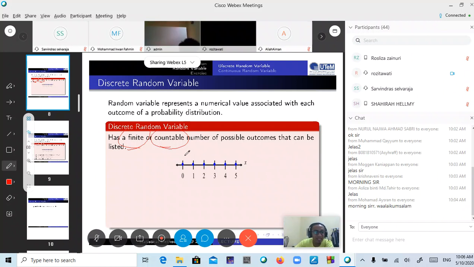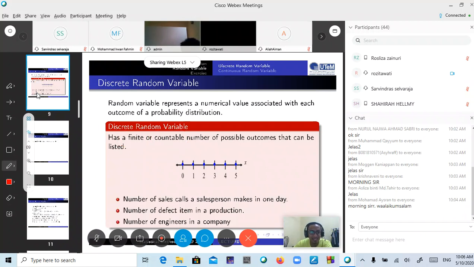What are examples of this random variable? Let's say the number of sales calls by a salesperson. Of course, you can count how many sales calls. Then the number of defective items in a product, which we can also count. And the number of engineers in a company.